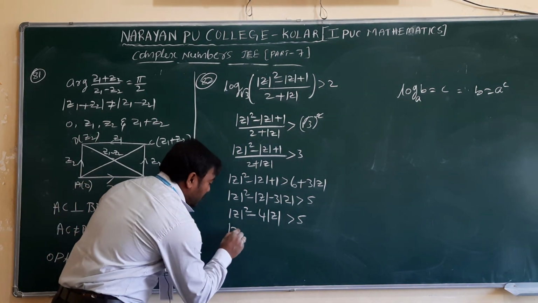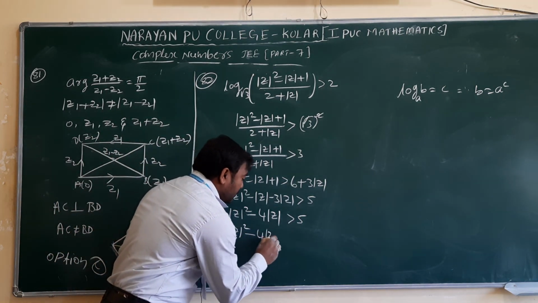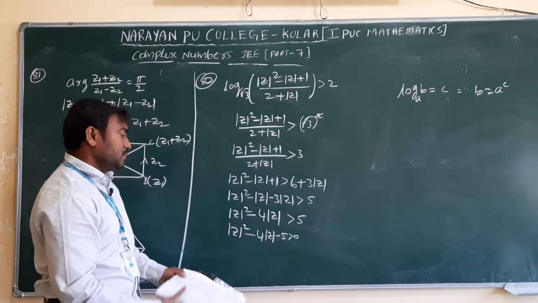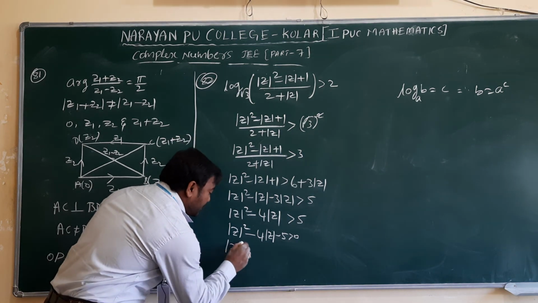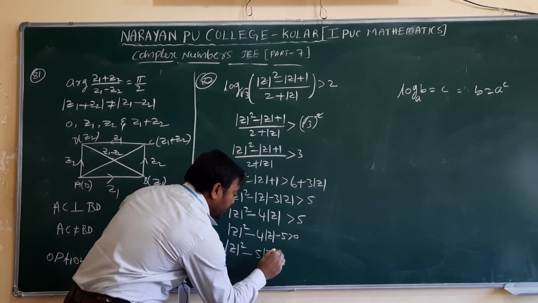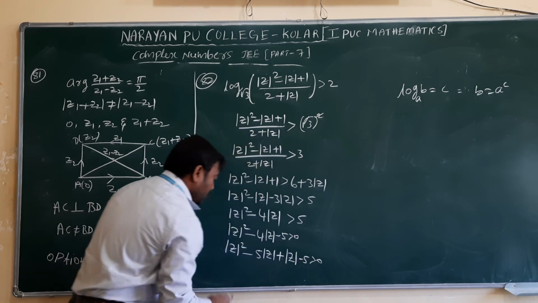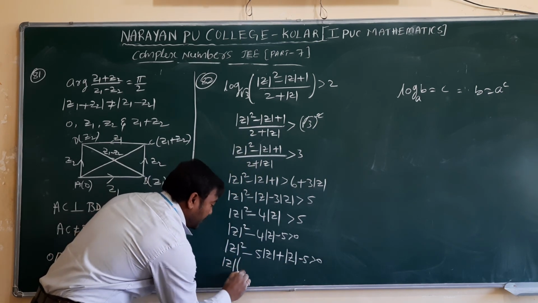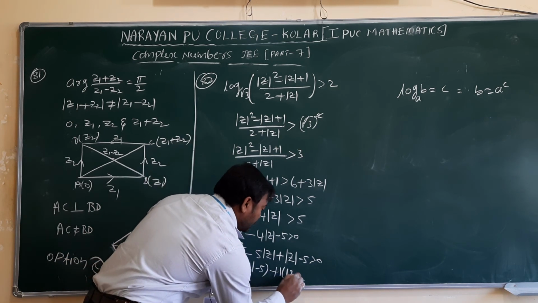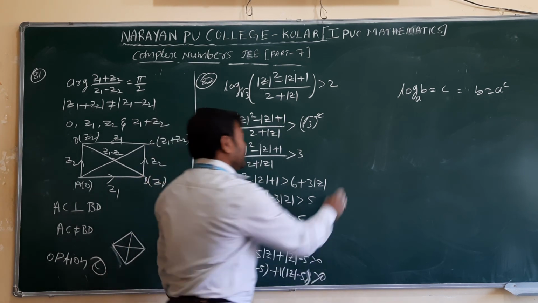Here modulus of z whole square minus 4 into modulus of z minus 5 is greater than 0. Now factorize here: modulus of z square minus 5 into modulus of z plus modulus of z minus 5 is greater than 0. Here we take modulus of z common, remaining modulus of z minus 5, plus 1 times (modulus of z minus 5) is greater than 0.